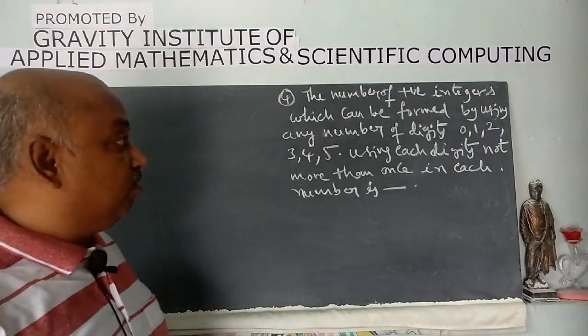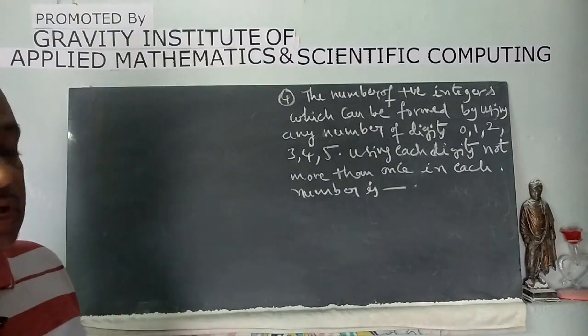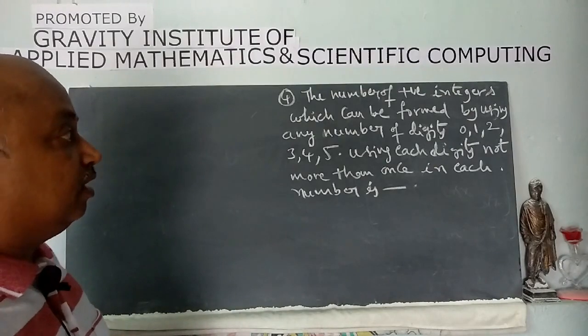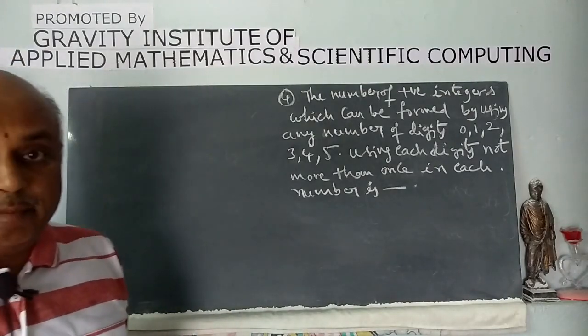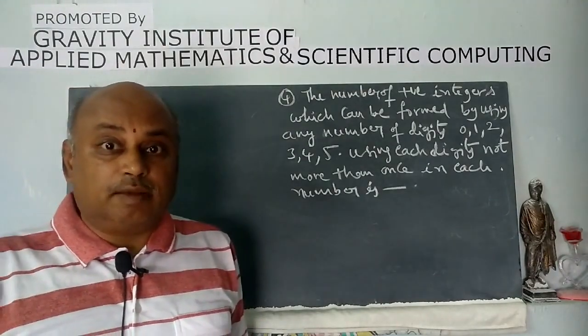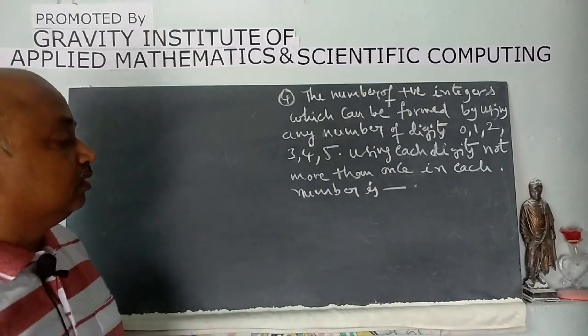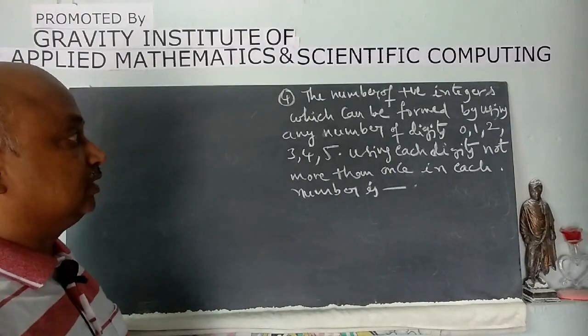So the given digits are 0, 1, 2, 3, 4, 5. So with the help of these digits we can form 1-digit numbers, 2-digit numbers, 3-digit numbers, 4-digit numbers, 5-digit numbers and 6-digit numbers. So what are the total number of positive integers?